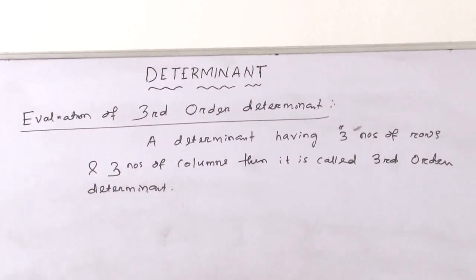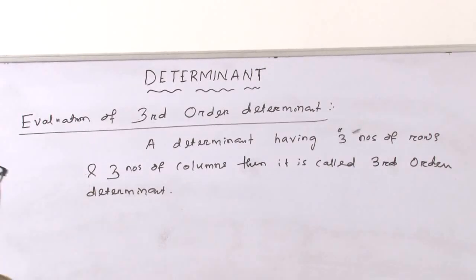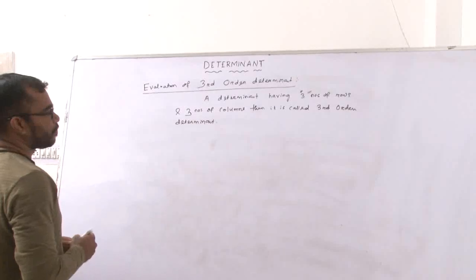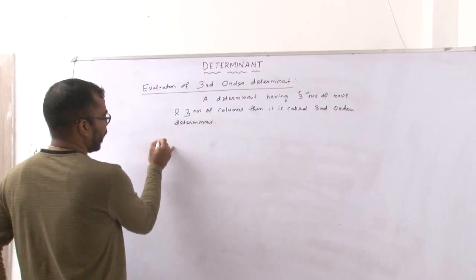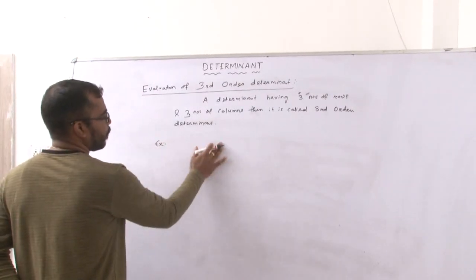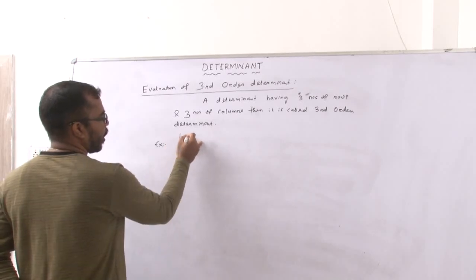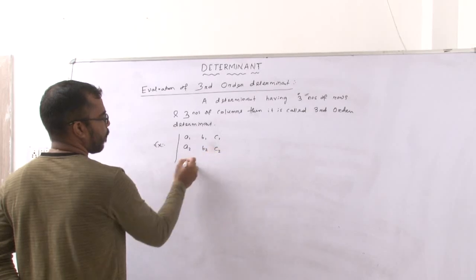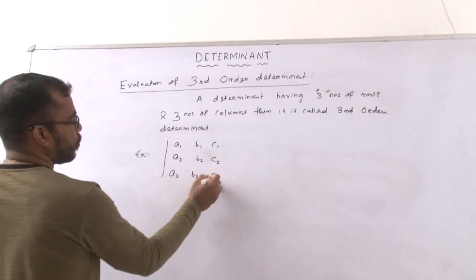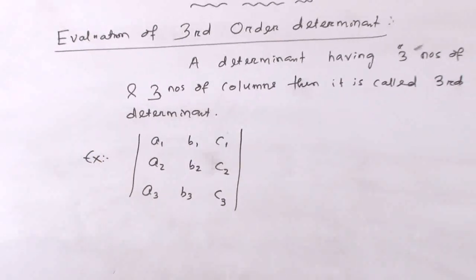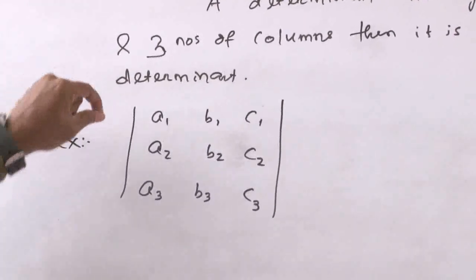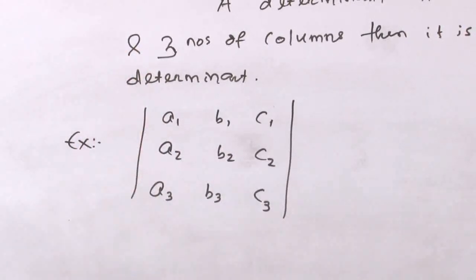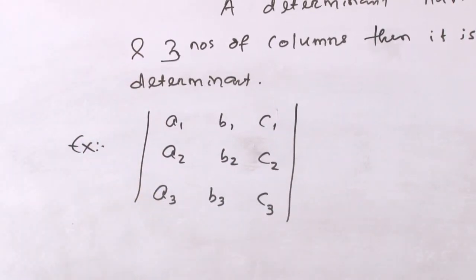Now take some examples. Suppose a1, b1, c1, a2, b2, c2 and a3, b3, c3. In this determinant, there are 3 rows and 3 columns, so it is a third order determinant.